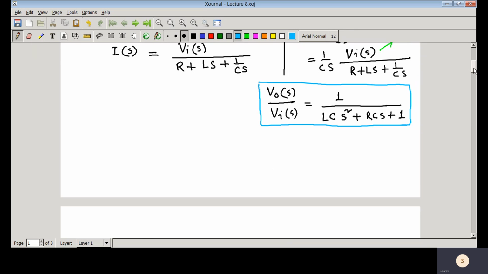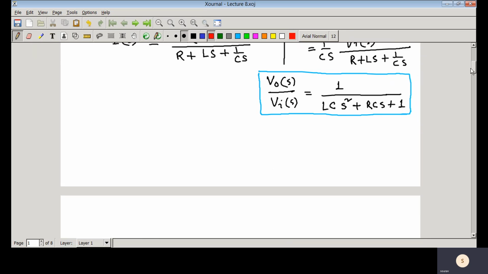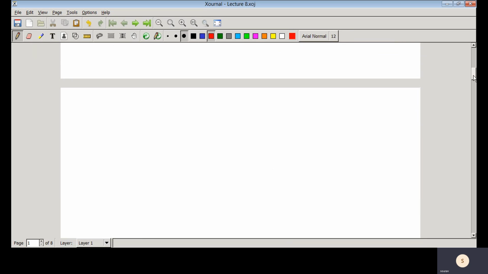So this is another technique for representing dynamical systems. Let us see what block diagram representation is.